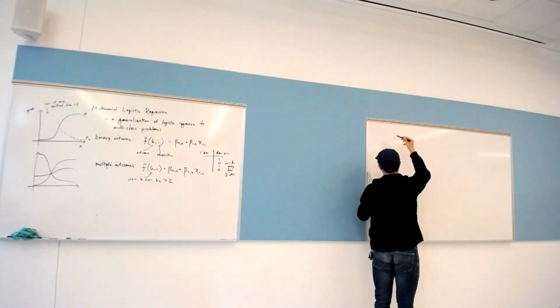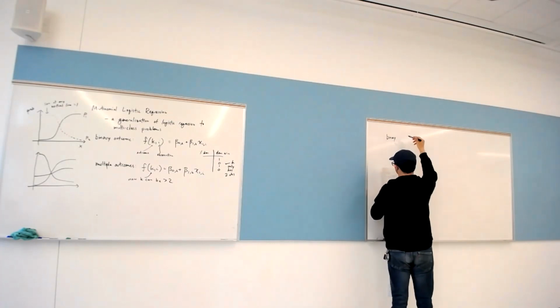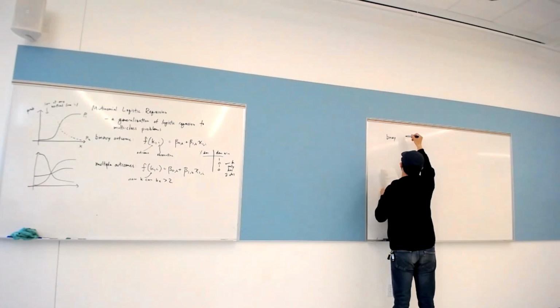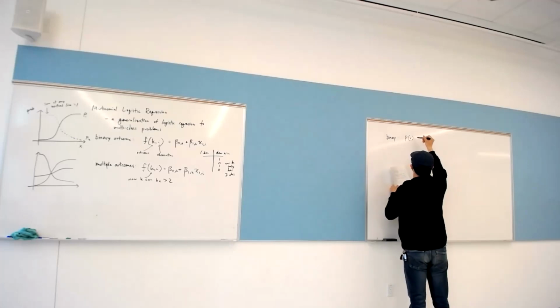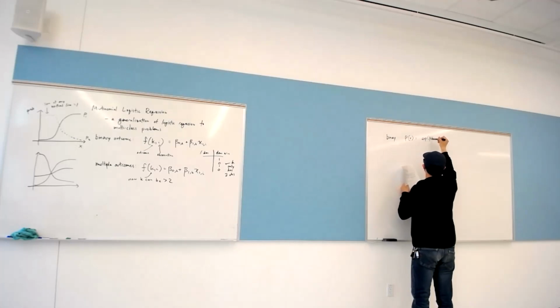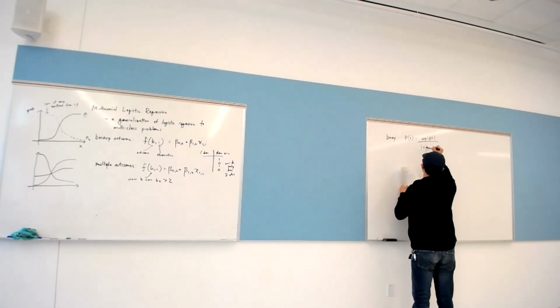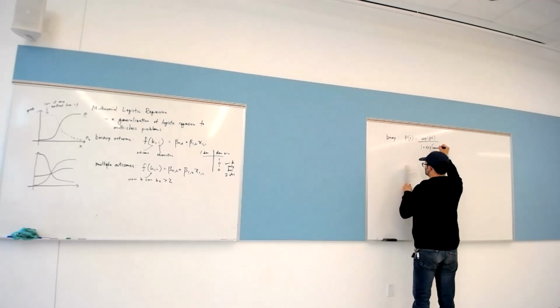So the inverse logit term that we worked with last time, for a binary outcome, basically looks something like this: the probability of a specific outcome is exp of beta x over 1 plus exp of beta times x.